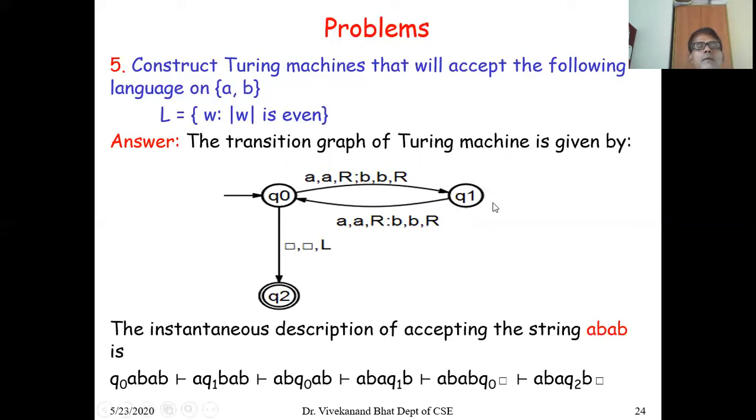Once you get even length, it will finally go into the acceptance state. Q0 to Q2 replaces blank by blank and moves left. Q2 is the final state. Q0 is the starting state. This is a very simple example. You should know how to define the transitions.